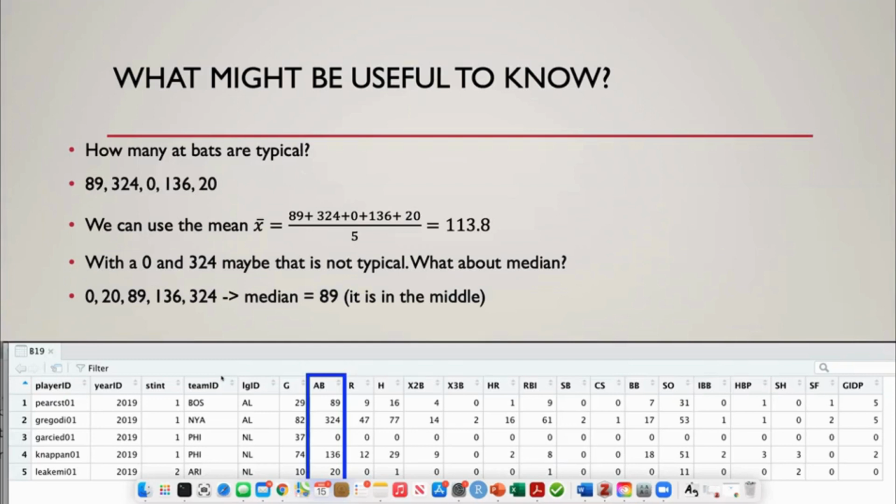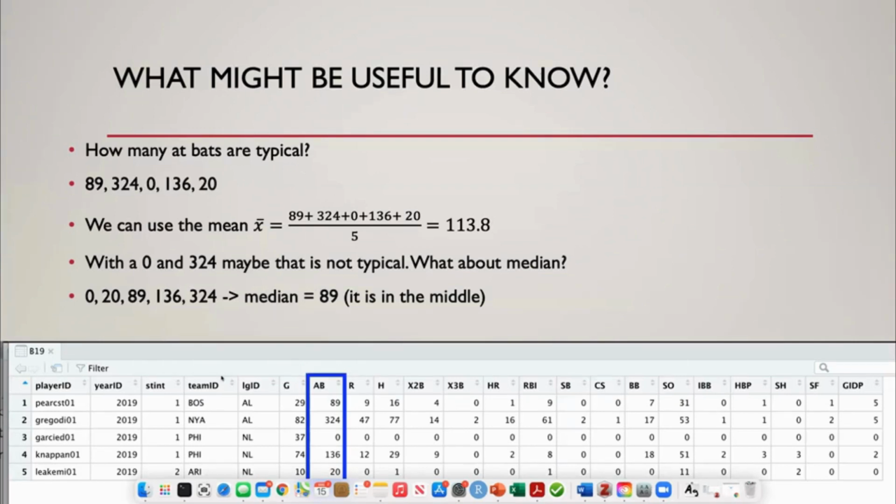If you put a bar over the variable name, then that indicates mean. So to find the mean, we add together the values of the variable. So 89 plus 324 plus 0 plus 136 plus 20. And we divide by the number of observations. So divide by 5 and find 113.8.